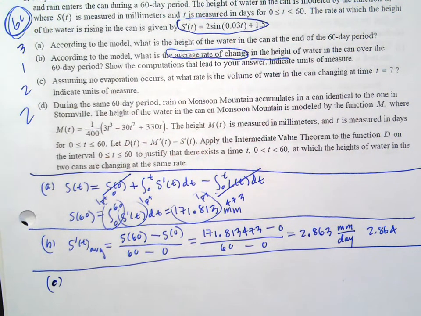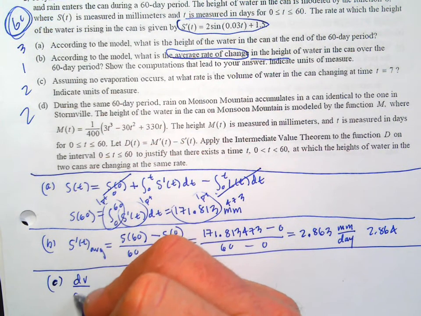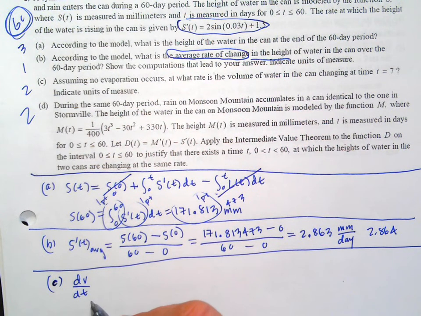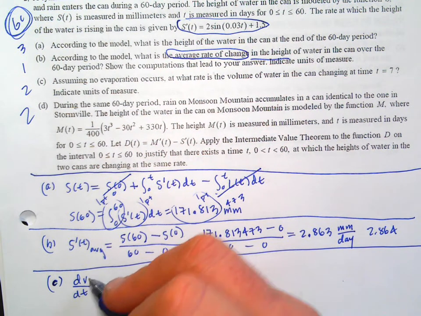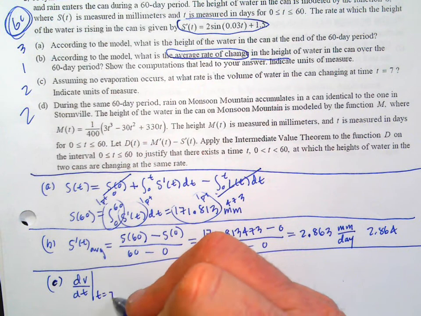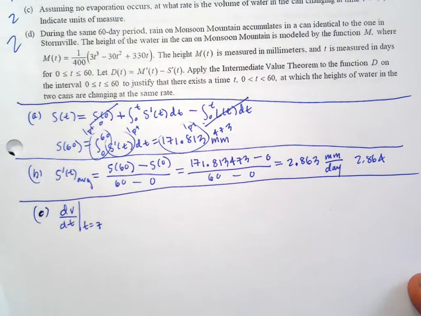Part C: assuming no evaporation occurs, at what rate is the volume of the water in the can changing at time t equals 7? So we're trying to find the rate of change of the volume at time equals 7. Now, I think this is where the related rate stuff comes in. You could always draw a picture.